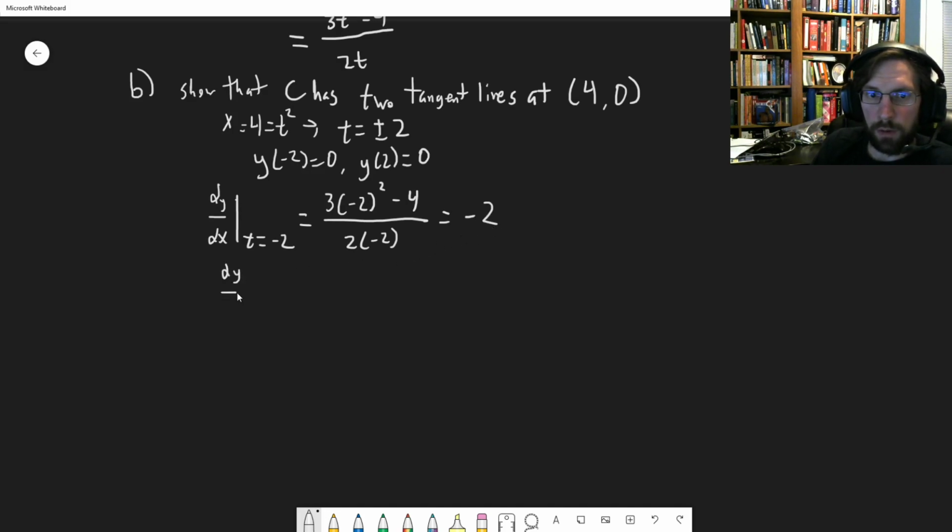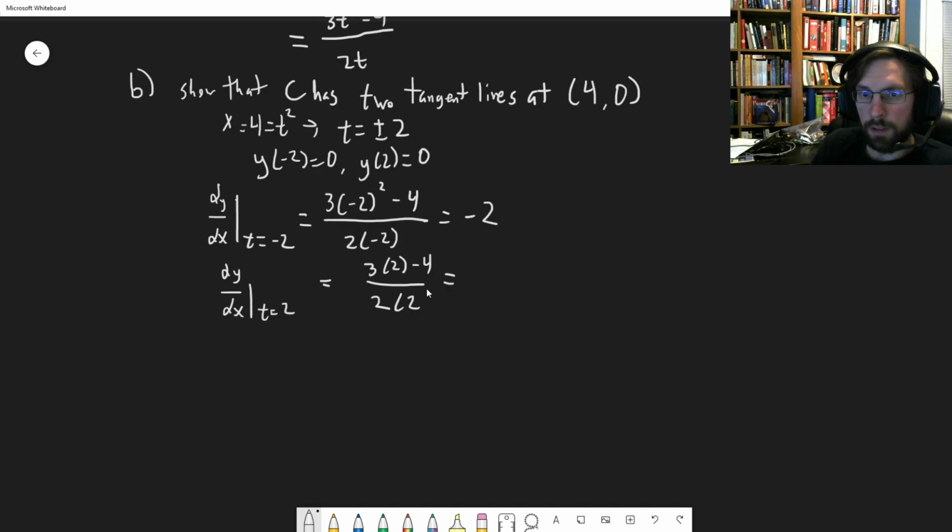And if we compute dy dx when t is 2, that's 3 times 2 squared minus 4 over 2 times 2. Again, 12 minus 4 is 8, over 4, which is positive 2. Note that these are different slopes, so they have to be different lines, but they're through the same point.